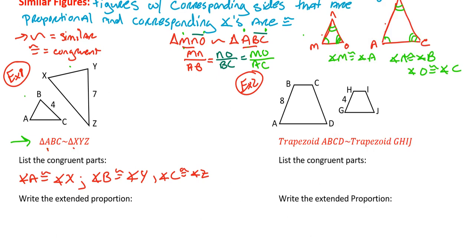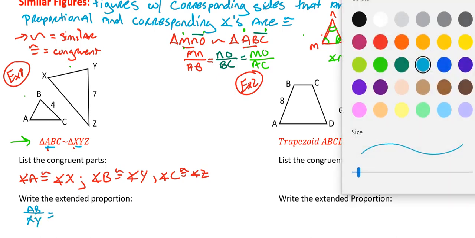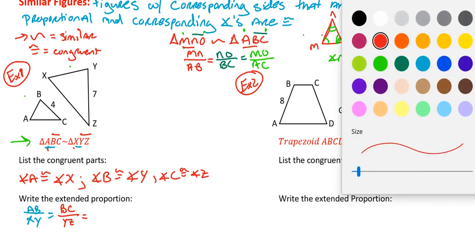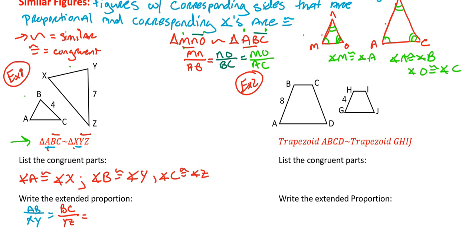We would say AB is to XY as, again, I'm going to use different colors so we're clear, BC and YZ, and then lastly, AC, first and last, and XZ. That would be the extended proportion representing all the sides.